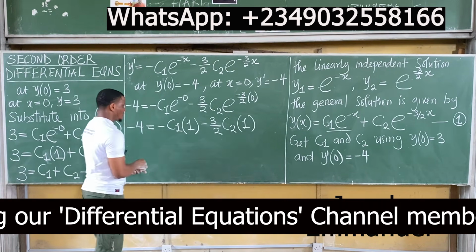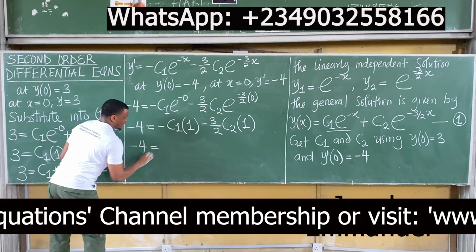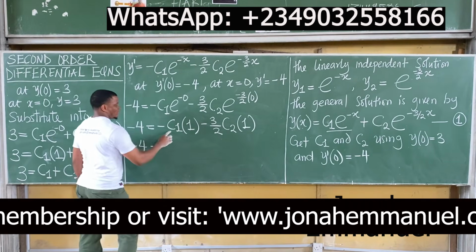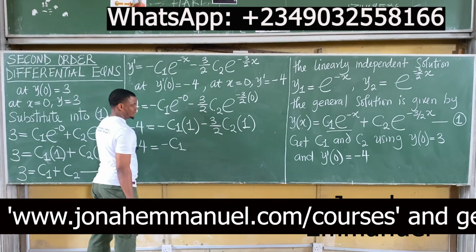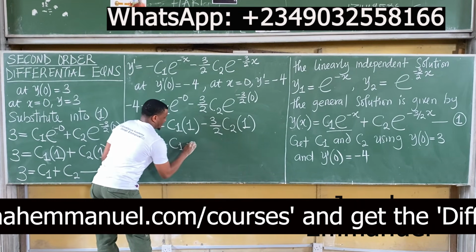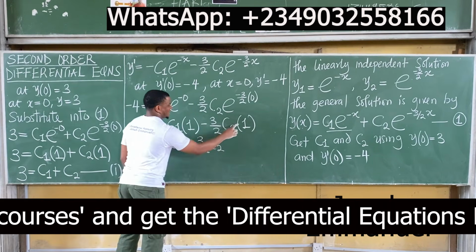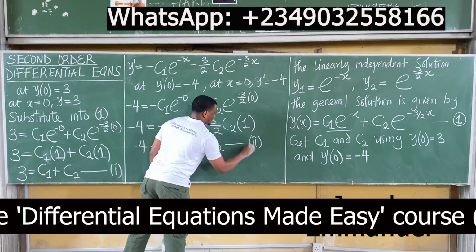You have this. All right, so what do I have here? I have that minus 4 is equal to minus C1 times 1 gives you minus C1, minus 3 over 2 C2. Of course, times 1 is itself. We'll call this equation II.